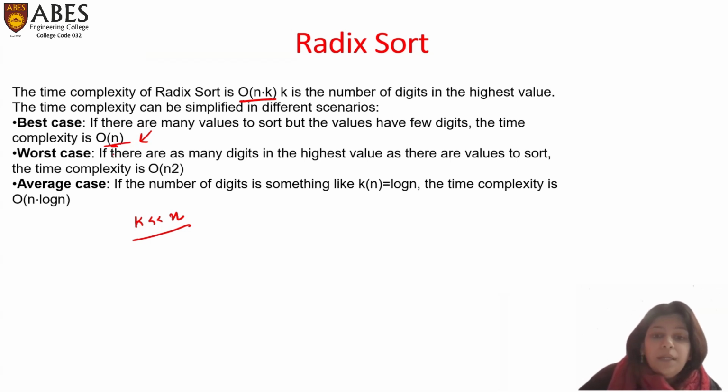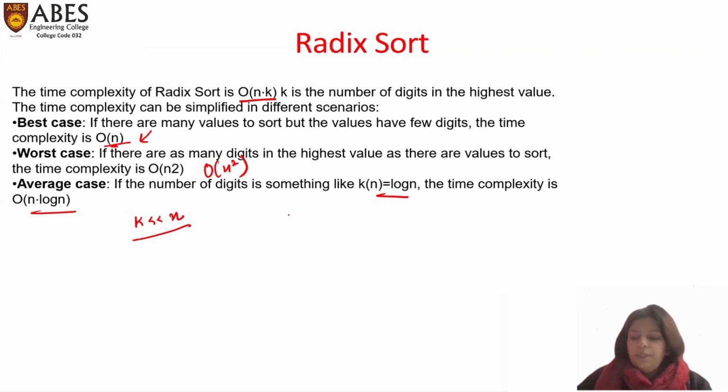But in case of the worst case, if the number of digits is very high, almost equivalent to the number of values in the input array, then the worst case complexity will reach n square, right? If we talk about the average case, then the number of digits is tending to log n, so the average case complexity of radix sort will become n log n, right?